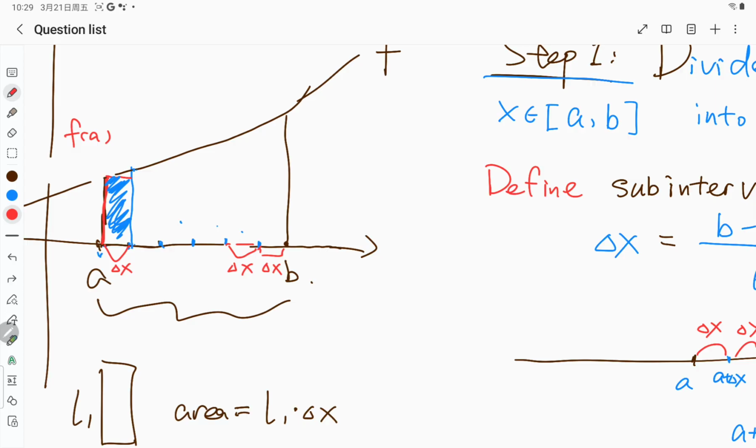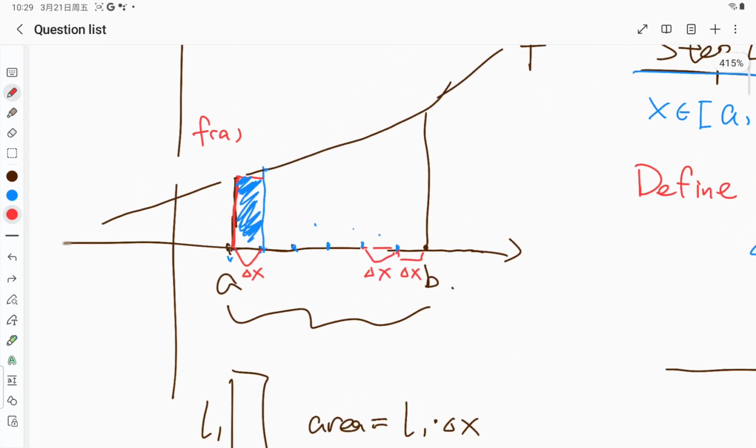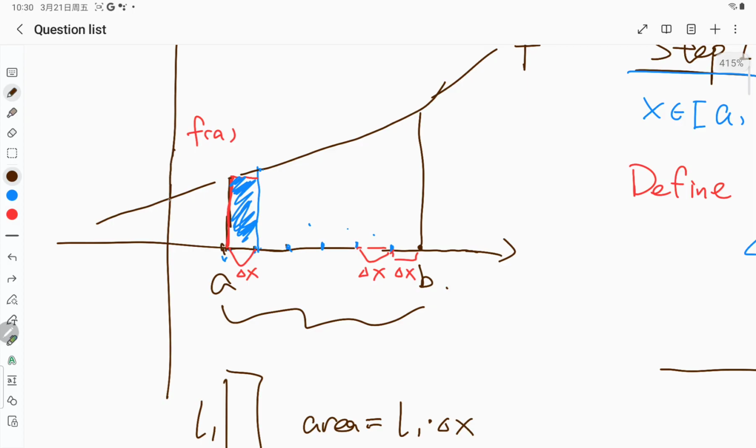So there are different ways to pick the height of the rectangle. But in this first example, the first graph I'm going to illustrate, we take the height using left endpoints of the small intervals.